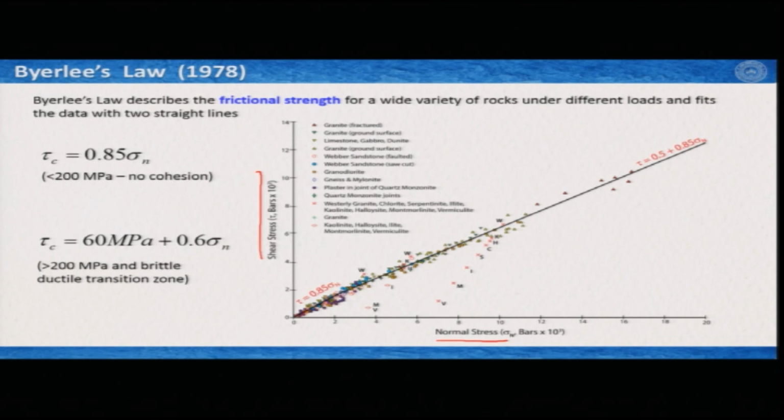There are a number of rocks, a variety of rocks he has used. I am not sure if you can read it, but from the slides, the PDF files I will give you, you can figure out. It has granite, fractured granite, ground surface, limestone, gabbro, dunite, sandstone, then different types of sandstone, faulted, saw cut sandstones, granodiorite, gneiss and mylonite, quartz monzonite with joints, westerly granite, and a lot of clay minerals here as well.